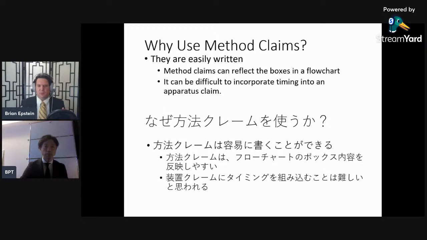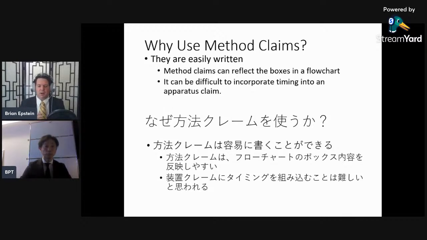It doesn't really matter which you're drafting first, because frequently you'll work on one and then work on the other and go back and incrementally improve both your flowchart and your claims, but they'll very much track each other. And so that's a great reason to begin your application with your method claims, right?